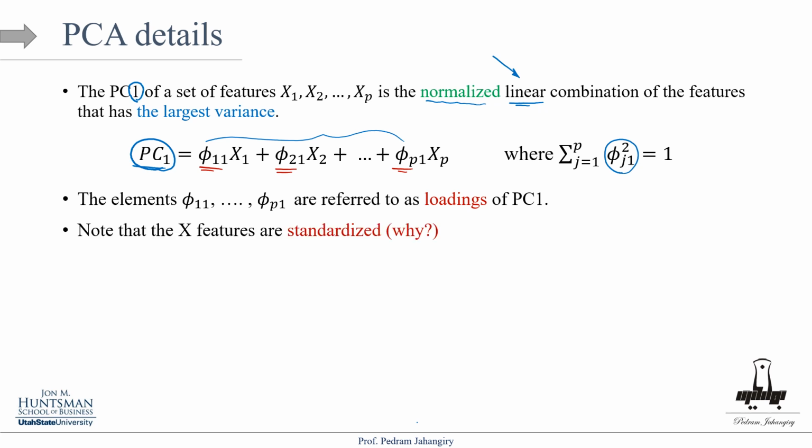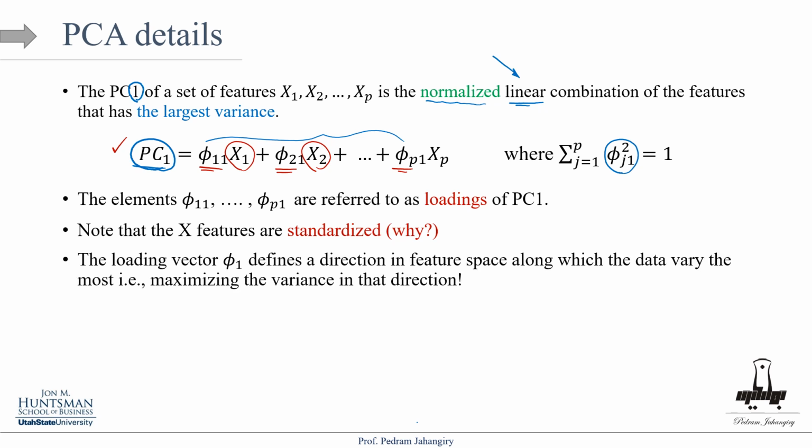Also note that our X features are standardized. We're going to work with the standardized version of X simply for computation purposes. We know that the average is going to be 0, and because we're calculating the Euclidean distance, it's more efficient to standardize. So if I want to calculate the variance of this PC1, and X is already standardized, I know that the average is going to be 0, which gives us some computation efficiency.